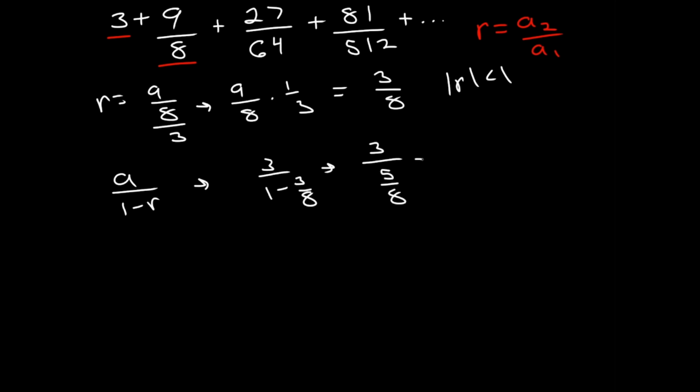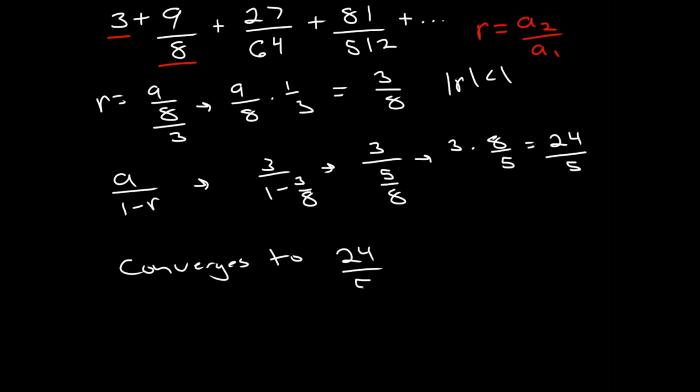We're left with a complex fraction, so we need to multiply by the denominator's reciprocal. That's going to give us 3 times 8/5. And that's going to give us 24 divided by 5 as our answer, meaning this series converges to 24/5. And that is the answer.